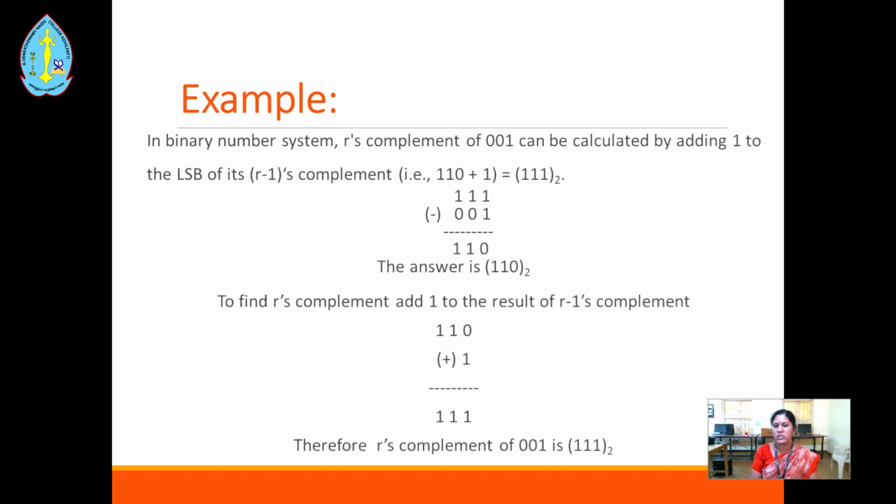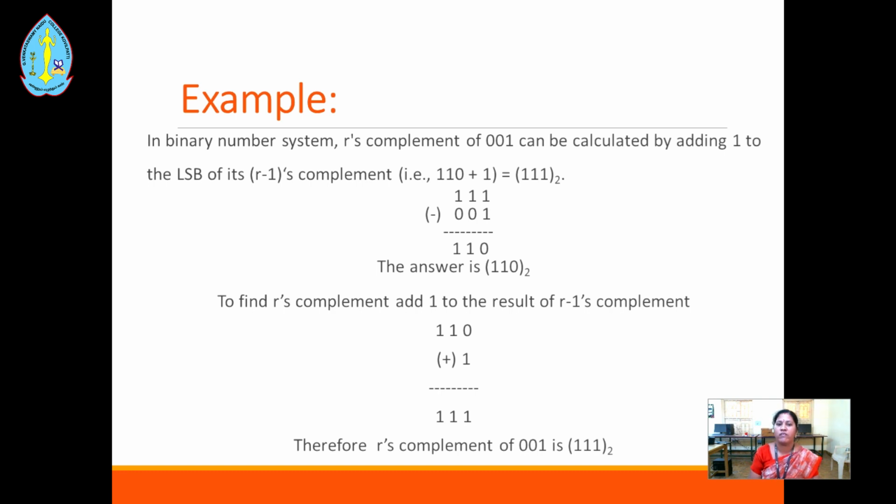To find the r's complement, we add 1 to that number. So 110 plus 1 is equal to 111. So the r's complement of 001 is 111.